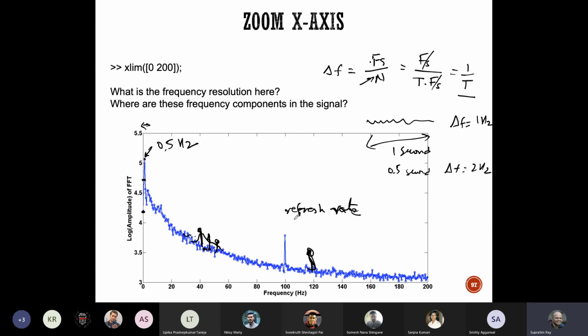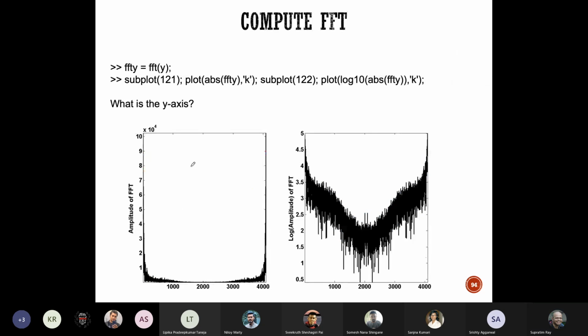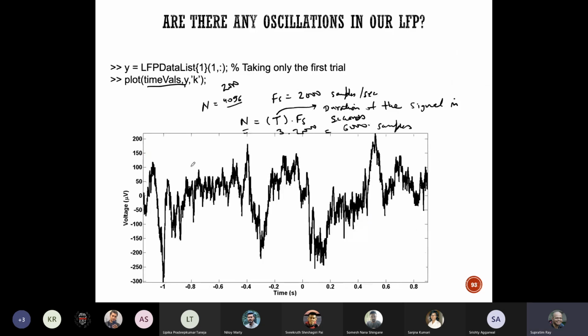So now the question is, where in the signal is this oscillation? Let me go back. Remember, the signal is this. Right now I have actually looked at the signal for 2.048 seconds. This is minus 1 point something, 2.8, 0.9 or so.